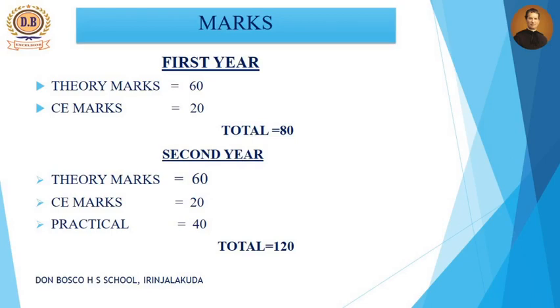Then in second year, one more section is included, that is called practical. In second year also, in theory you can get 60 marks, and CE is again 20 marks. So that is a total of 80 marks, and the remaining 40 marks are for the practical. For practical, there are two languages available.